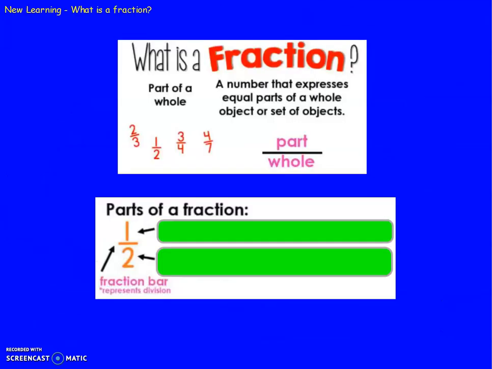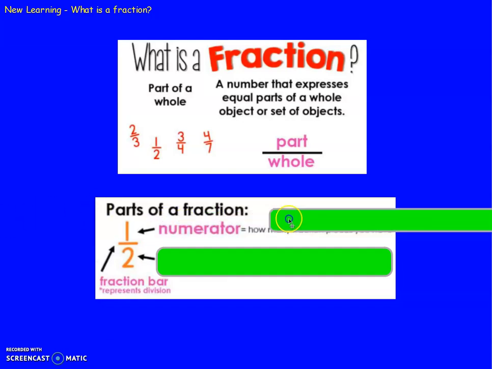So we started looking at fractions yesterday. I want you to have a little think if you can remember any of the words that we used to describe the fraction. Can anyone remember what the top part or the bottom part of the fraction is called? Okay, so the top part is known as the numerator, and that is how many pieces you have, or how many pieces of the shape that we've been looking at are coloured in.